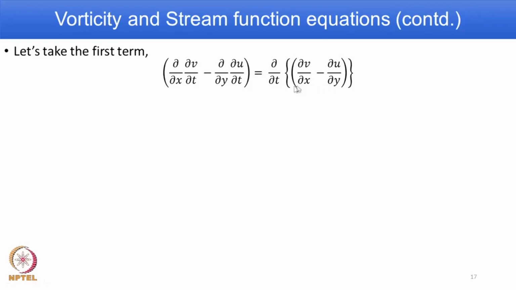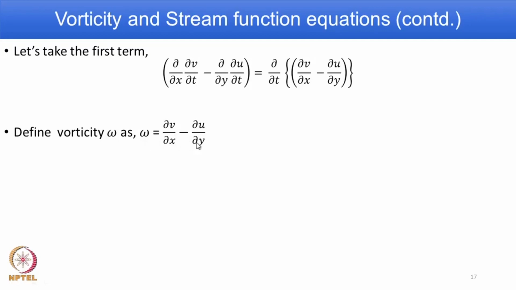You can immediately recognize that dou v by dou x minus dou u by dou y we already defined, which is from the vorticity vector in the first class. So, this is one component of that vorticity vector, omega z component, and that is given by dou v by dou x minus dou u by dou y.